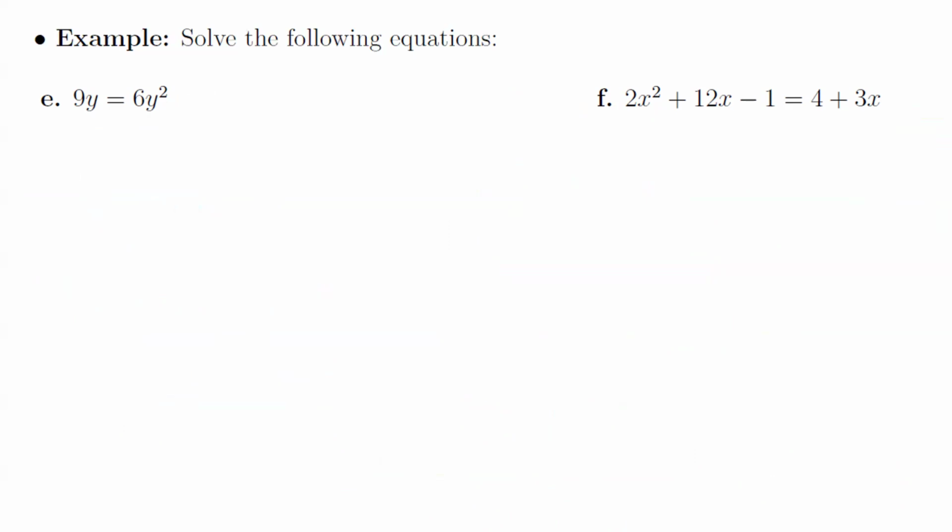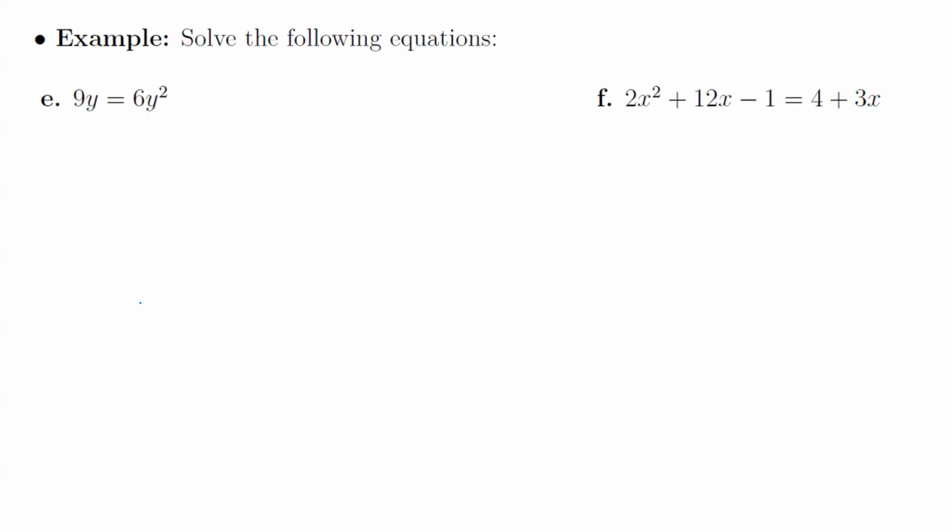Here, there's a couple of tricky ones. So we've done definitely some so far where maybe we have a number that's not 0 on one of the sides of the equation. But you can also have some of your variable terms or multiple terms on both sides of the equation. But the principle remains the same. You've got to get one side equal to 0.